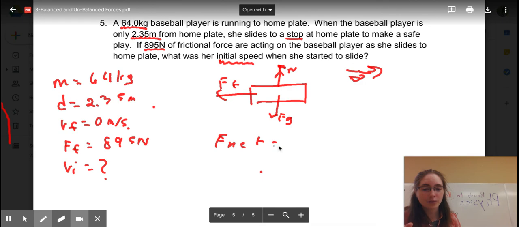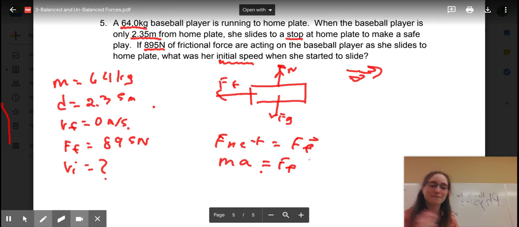Our Fnet equation is going to be equal to our force of friction. On the X, the only force that's acting on her at this point is the force of friction. So that means my force of friction is going to equal MA. Pretty good, eh? Not too shabby.